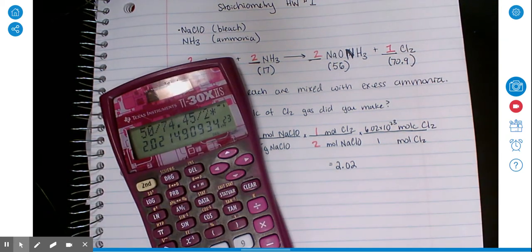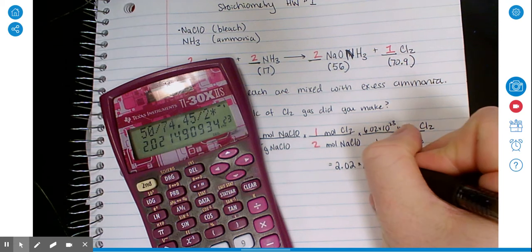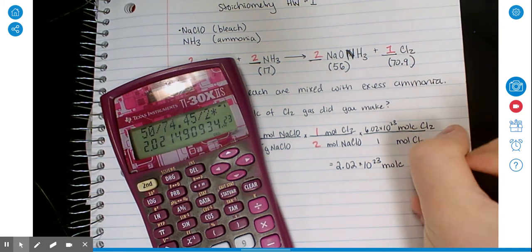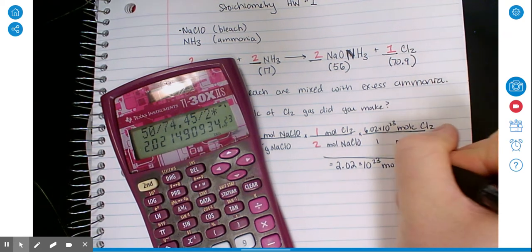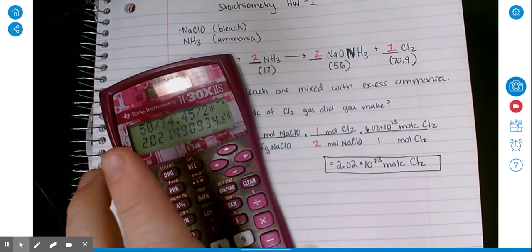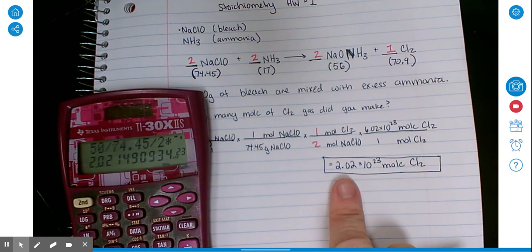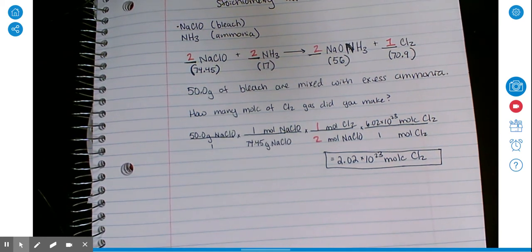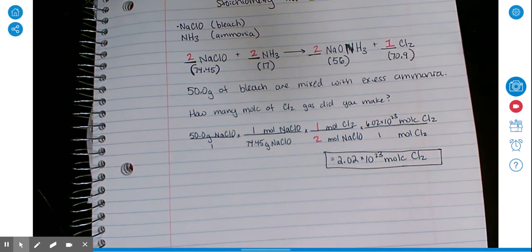Yep, 3 sig figs. 2.02 times 10 to the 23rd molecules of Cl2. So your dangerous chemical reaction created 2.02 times 10 to the 23rd molecules of that chlorine gas. That's the amount of gas you released in the air.